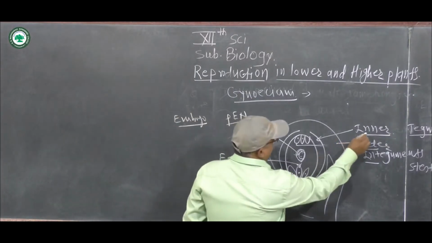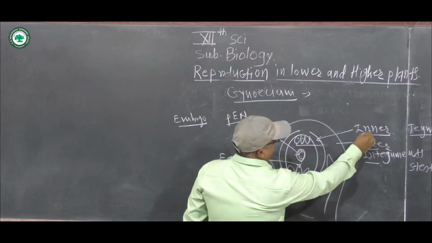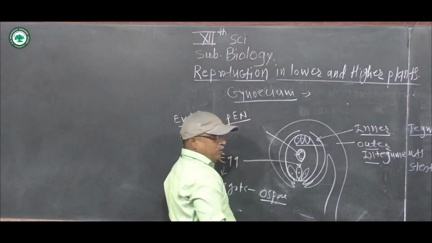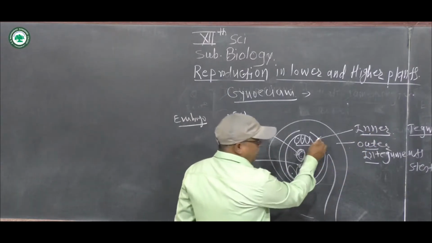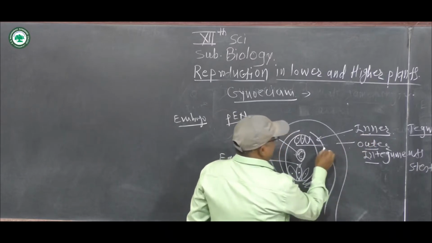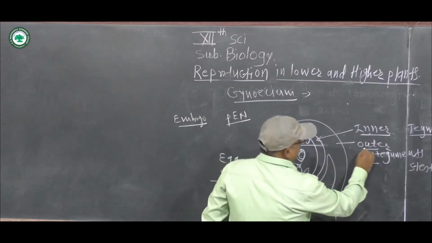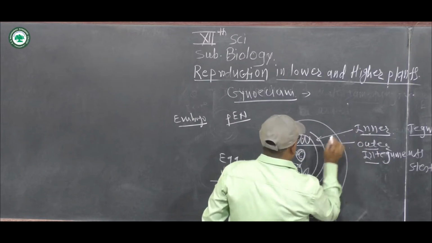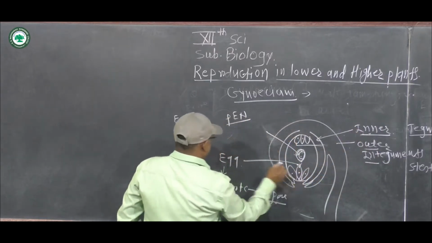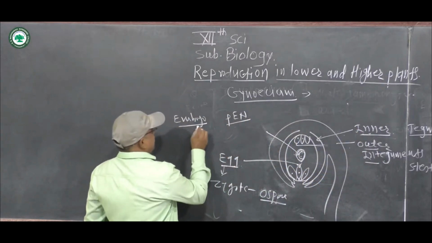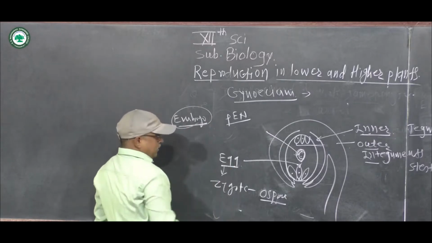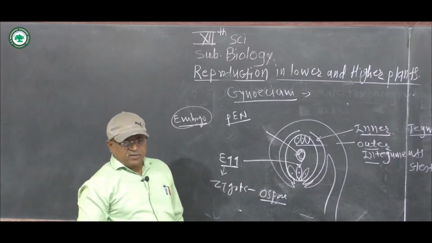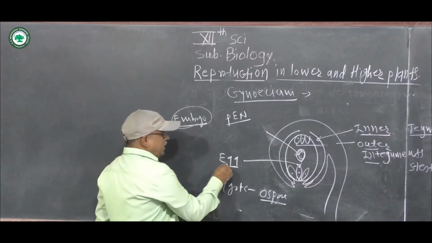Function of outer integument is protection and formation of testa. Function of inner integument, that is tegmen. Outer integument, that is testa. Inner integument, tegmen. Then from egg, embryo is developed. Female gametophyte, actual female gametophyte is developed from the egg.